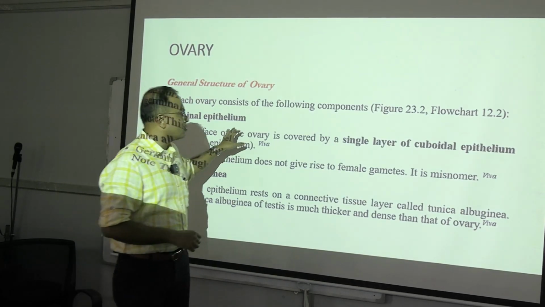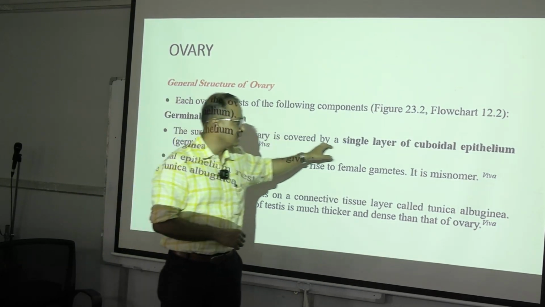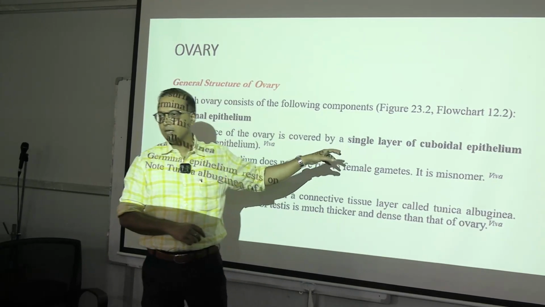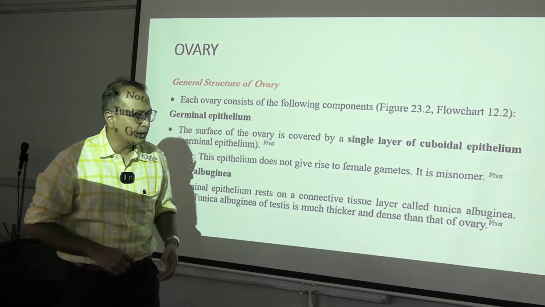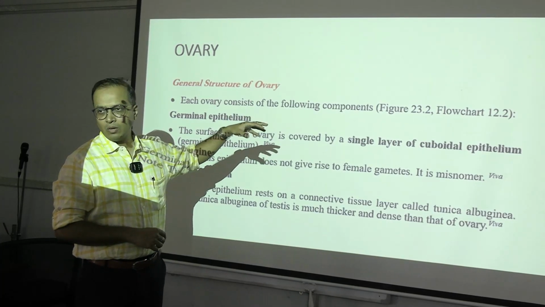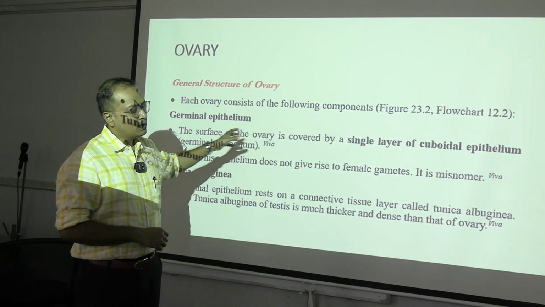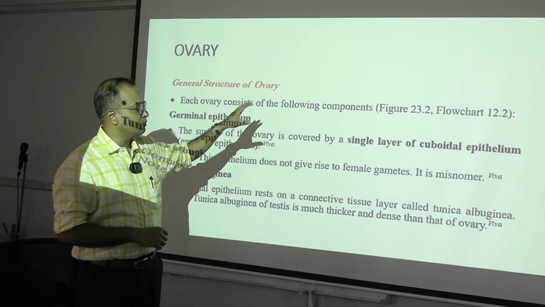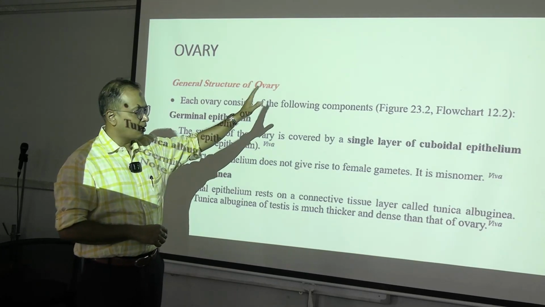This outer layer of the ovary is covered by a single layer of cuboidal epithelial cells, which we call germinal epithelium. If you go deeper, we find a connective tissue layer, which we call tunica albuginea.